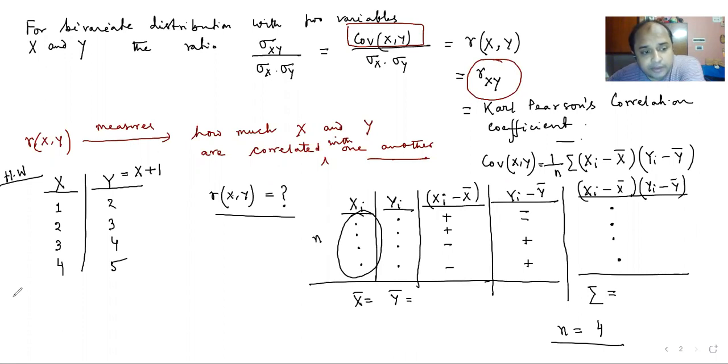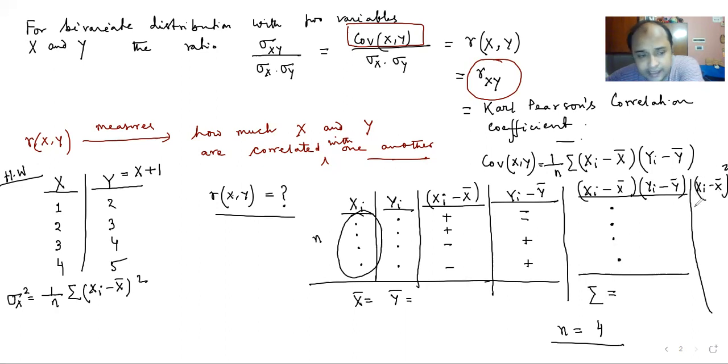Then you are going to calculate sigma x square. You can use the operational formula, or rather I must tell you to use this formula, xi minus x bar whole square, because you already have xi minus x bar. So it would be easy for you to introduce another column, xi minus x bar whole square.